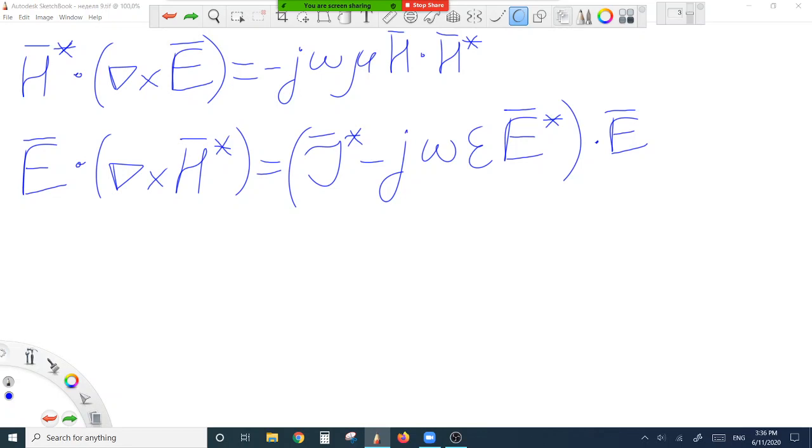Now, these two equations may be combined using the vector identity.